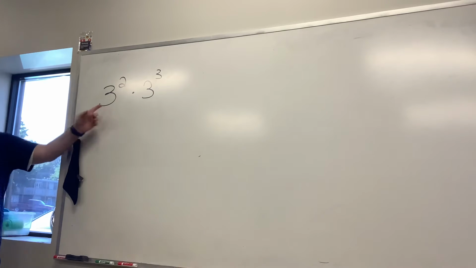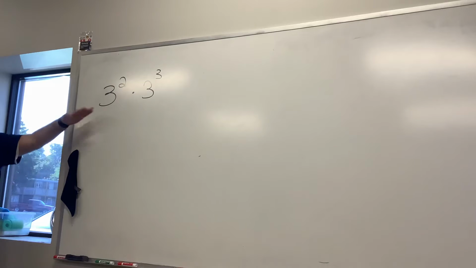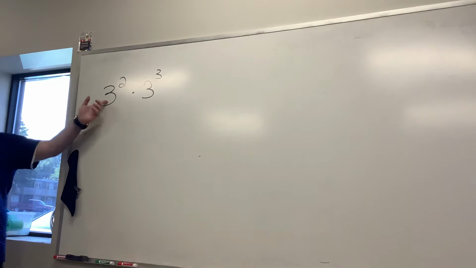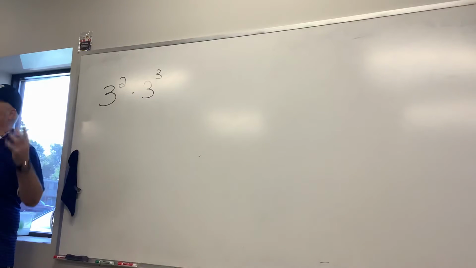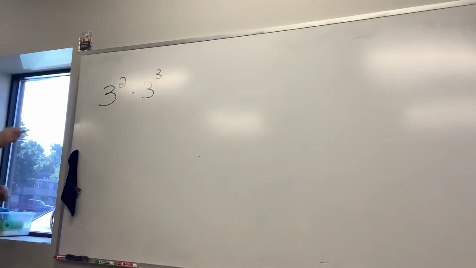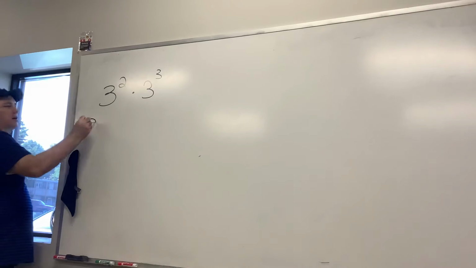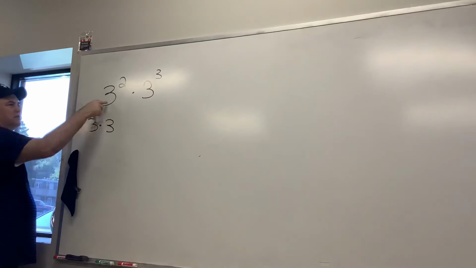So when this would creep up in actual math is when you are working with numbers that are really big, but yet you're multiplying them times each other. Okay? So what this looks like, if I was to write this out, not shorthand, it would look like this. 3 times 3, which is this part, right?